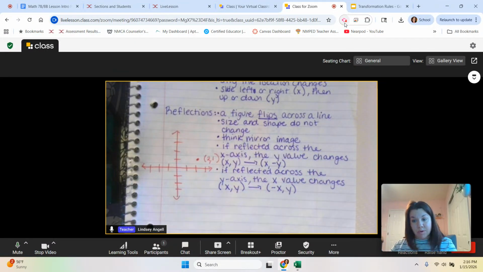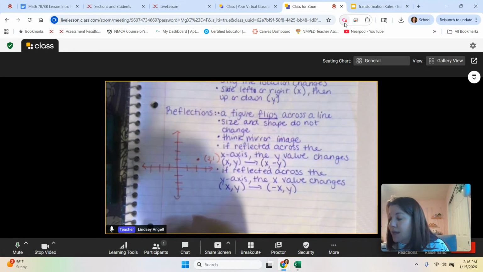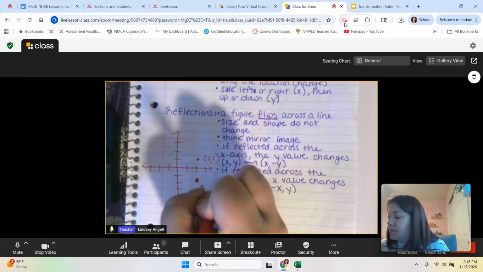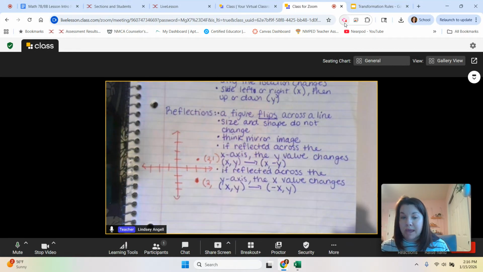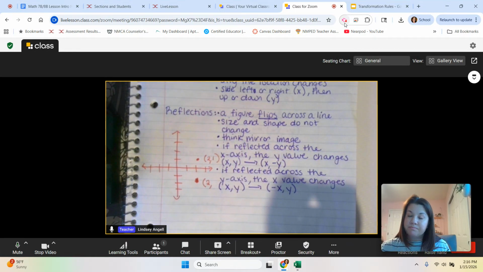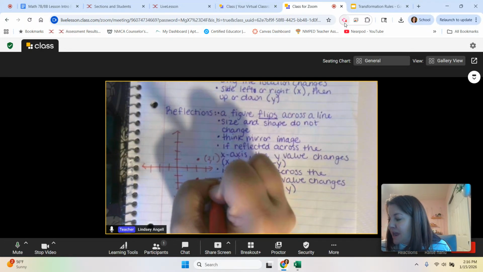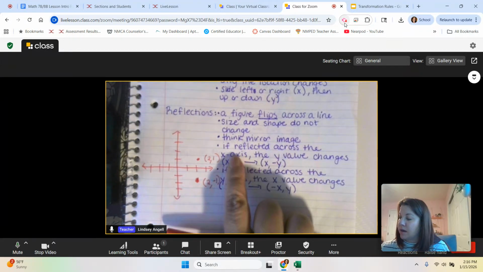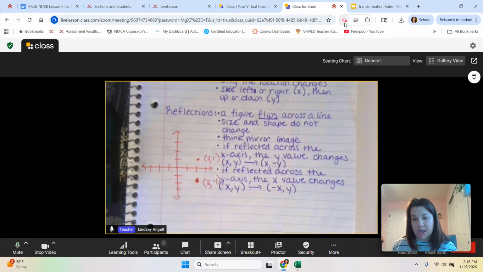If I'm reflecting across the x-axis, the point would come down here to, it's still 2. Notice my x value didn't change, but now my y value is at -1. So this would be an example of this one here. We went across the x-axis, so the y value changed.